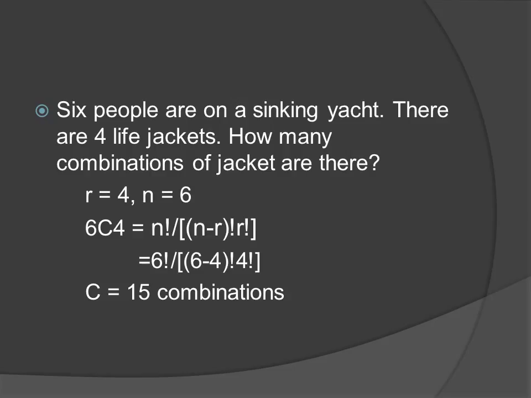The solution is 6 combination 4 equals n factorial divided by n minus r factorial times r factorial, which is 6 factorial divided by 6 minus 4 factorial times 4 factorial. The number of combinations is 15.